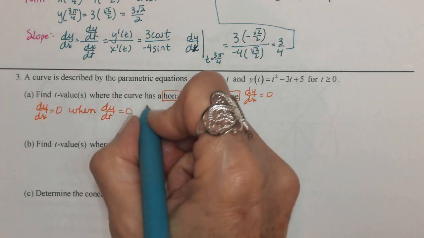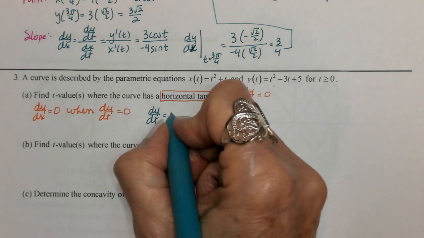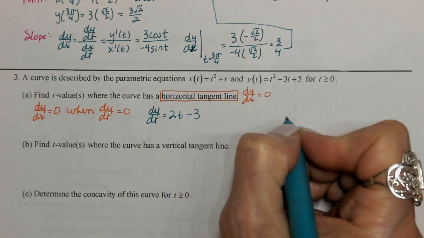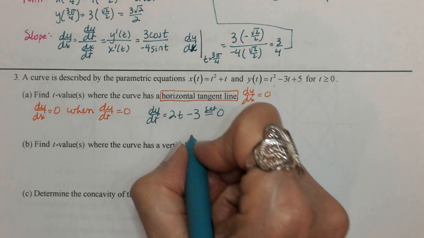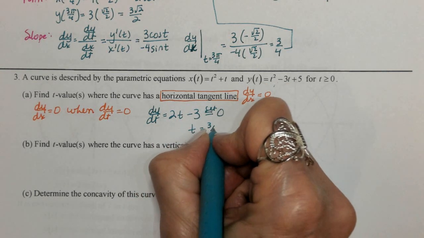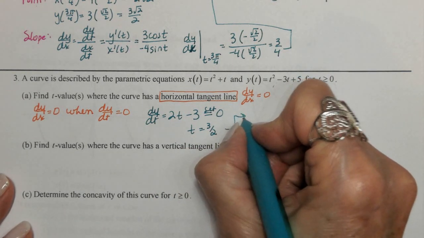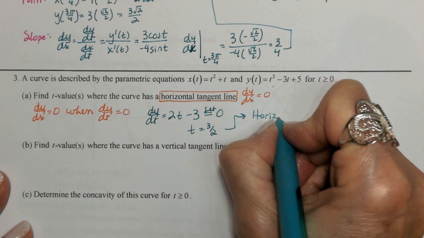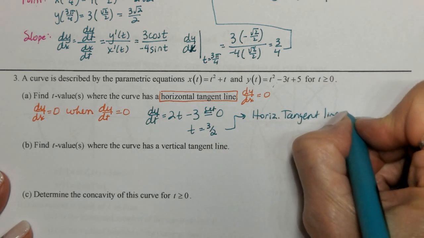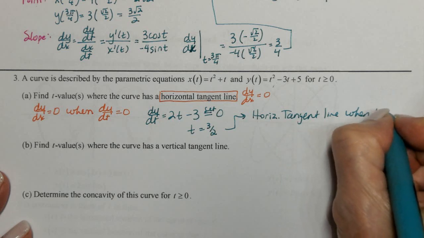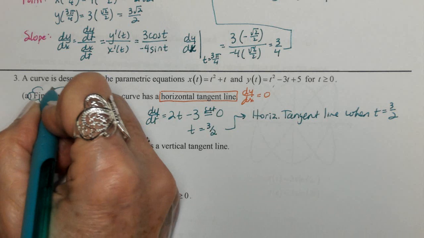So dy dt is 2t minus 3. Set that equal to 0. T is 3/2. So that means that we have a horizontal tangent line when time is 3/2. And that's what we were asked to find, the t values.